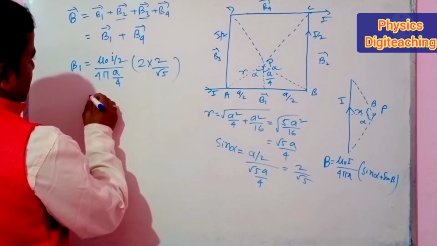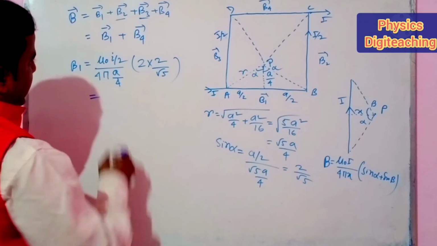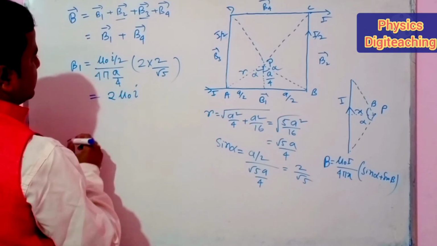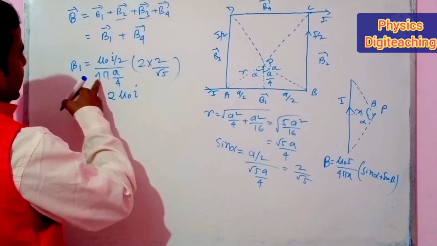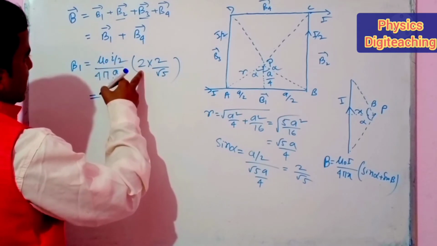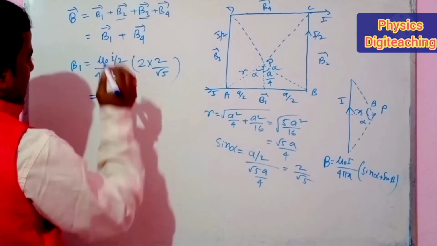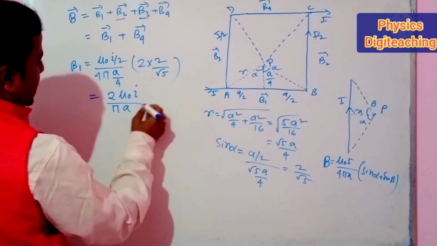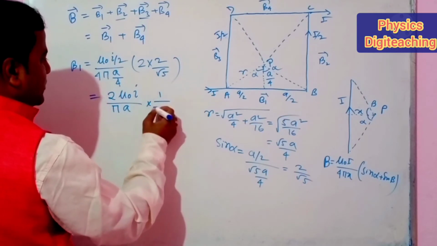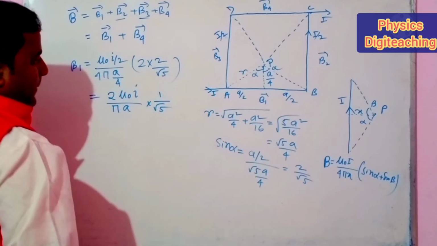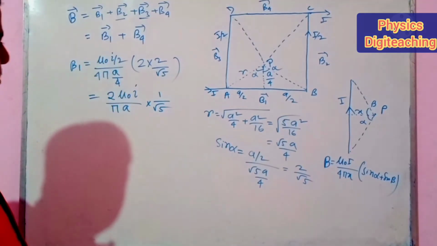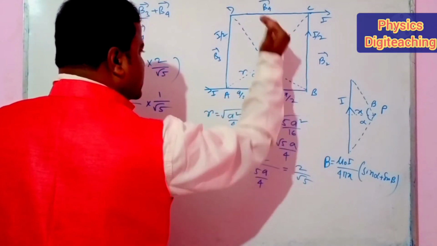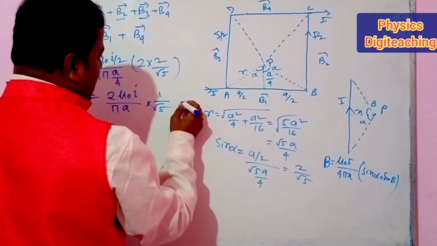Then if we simplify, we get 2 mu naught I upon pi a into 1 upon root 5. What will be the direction of this magnetic field? The current is flowing in clockwise direction, therefore the magnetic field is upward.